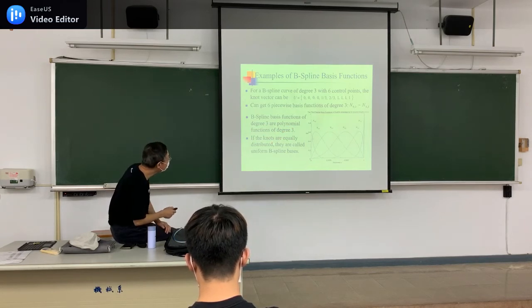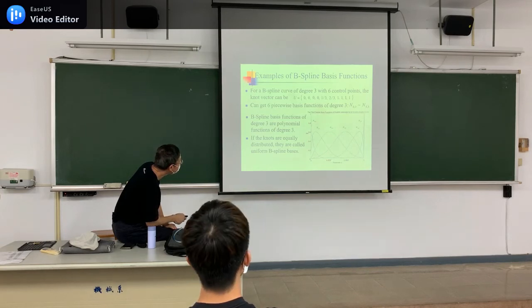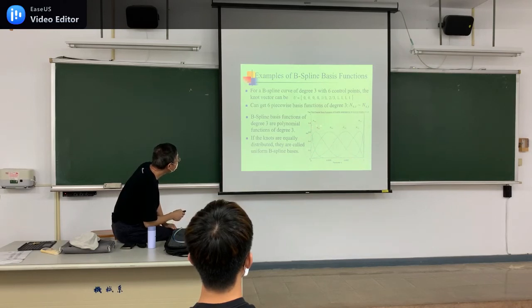So it's like this. N0,3 is this function. N1,3 is the weighting function for P1. It's like this.